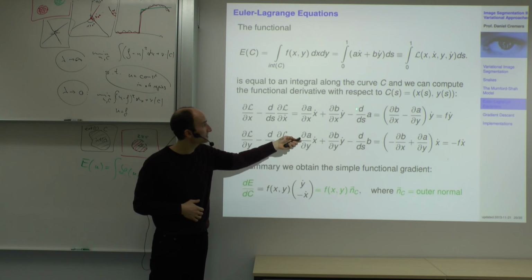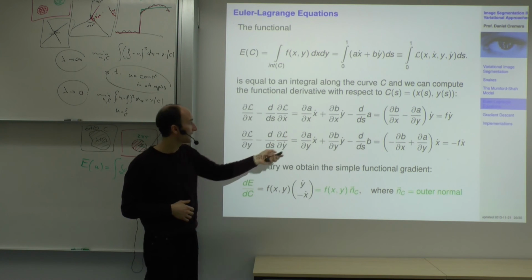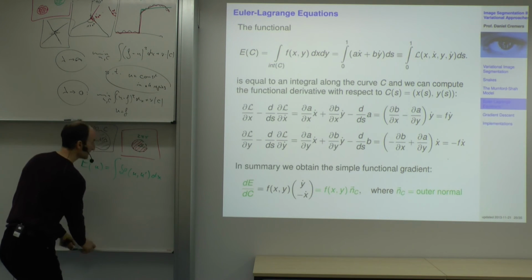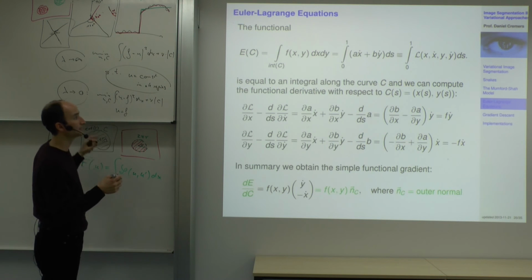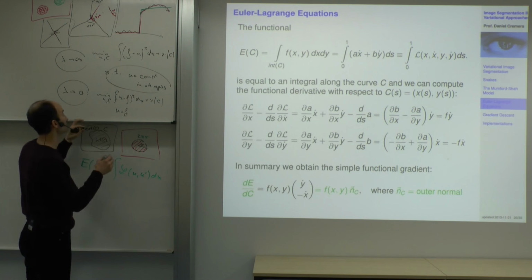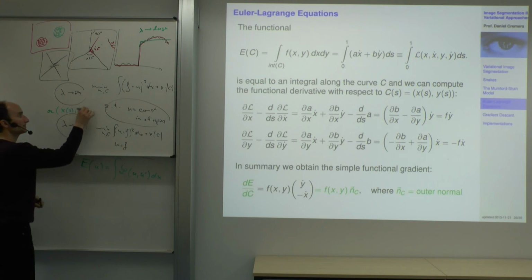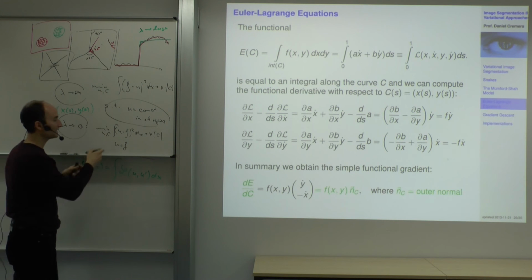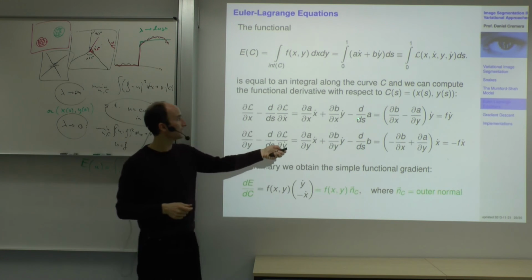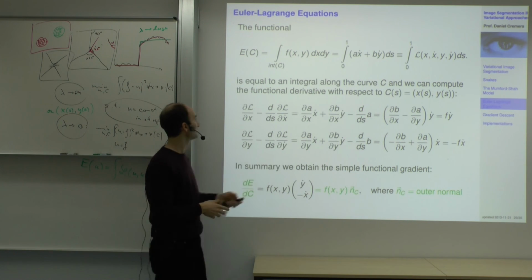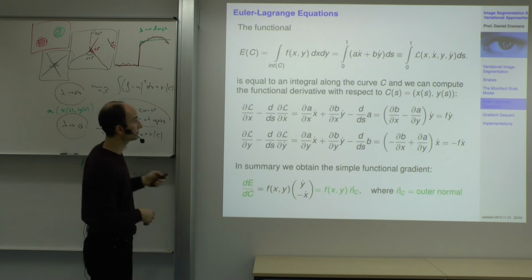And now we can expand this last term, because A depends on x and y, which depend on s. So when we have A here, what we really have is A of x of s and y of s. And so dA by ds can be written as dA by dx times x dot.